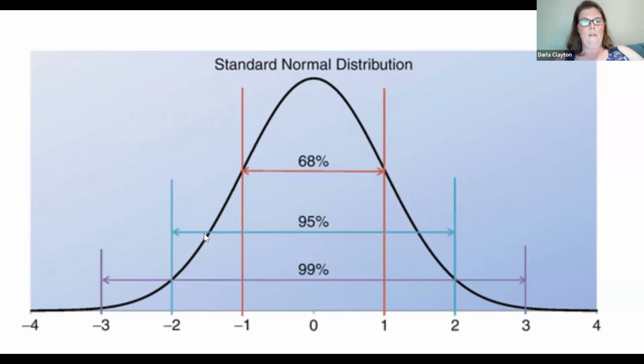And then as you go down and out a little bit, 95% of people will fall within this blue section, and 99% of people fall within the purple area. So looking at that normal distribution, that's how they get those norms in terms of figuring out what to compare your score against.